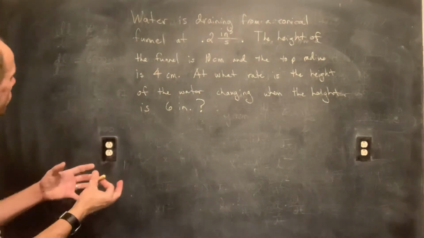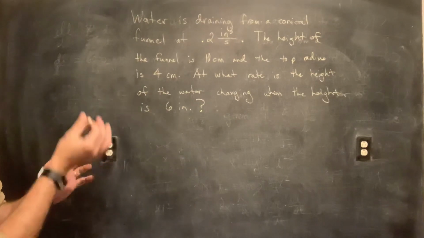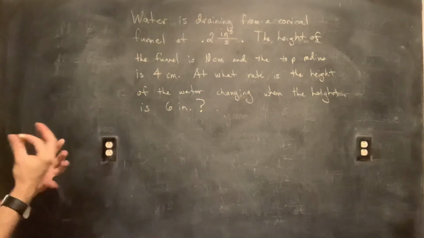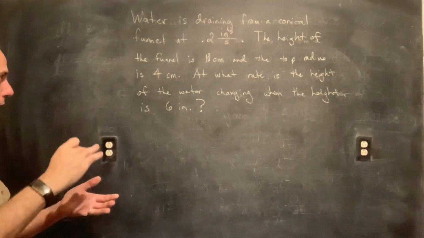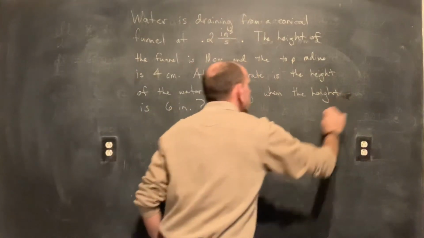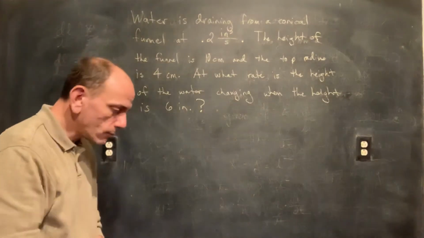We've got water draining from a conical funnel at 0.2 cubic inches per second. We've got the basic dimensions of the funnel, and they're asking what rate the height of the water is changing when the height of that water is 6 centimeters, or 6 inches, excuse me.